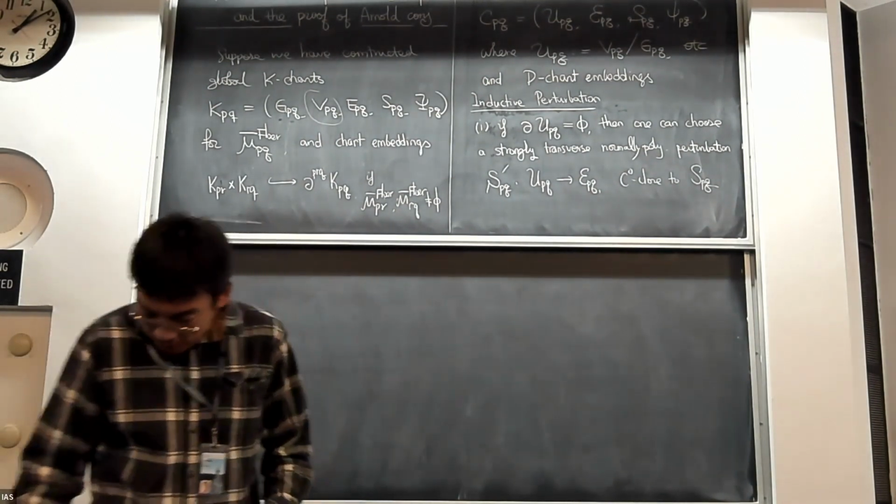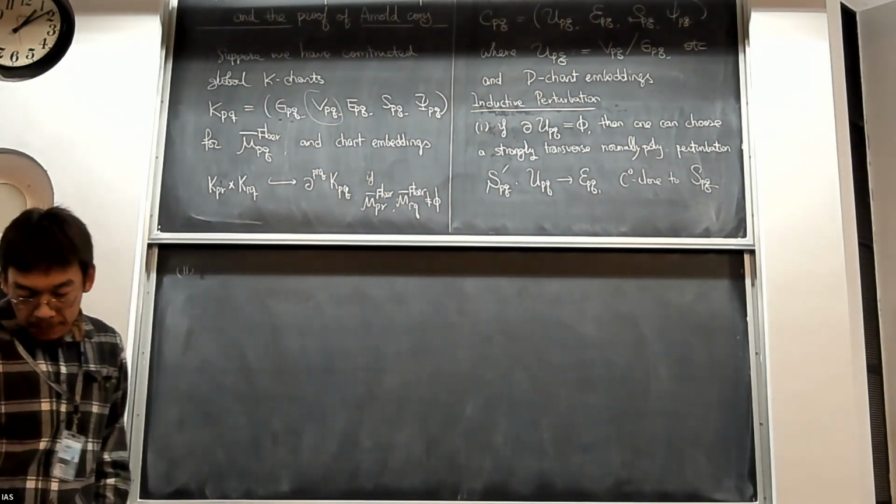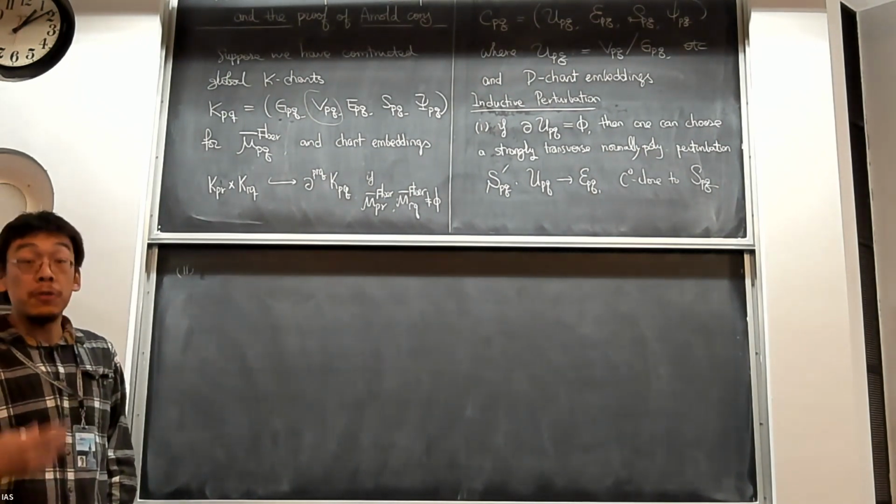Let's just do one step of the induction. Suppose we have a moduli space that has only codimension 1 boundary with no corners.